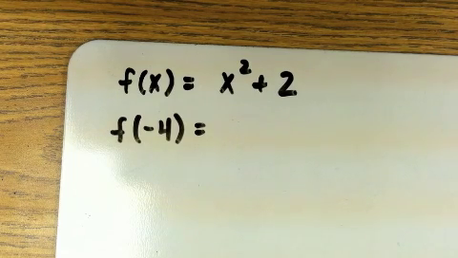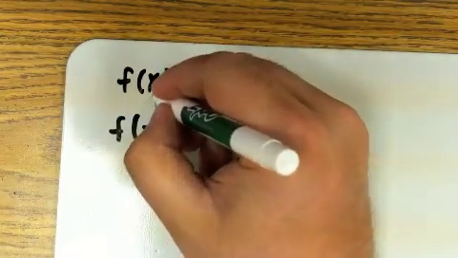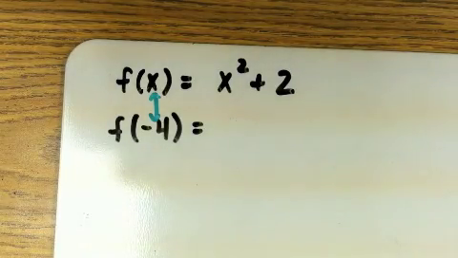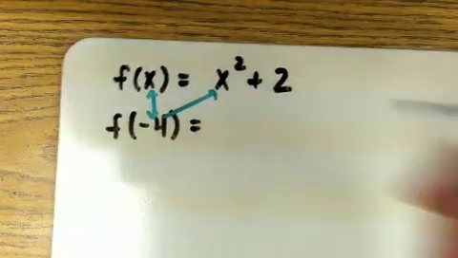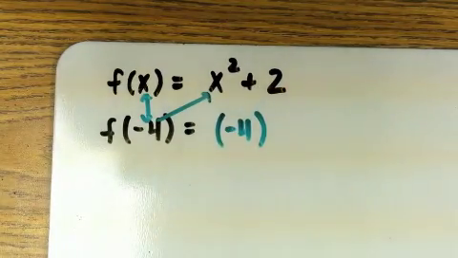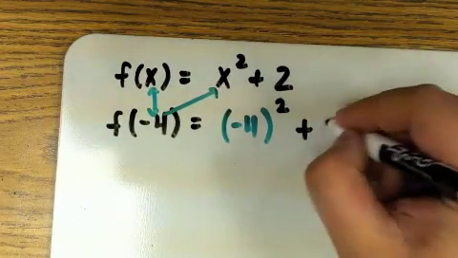It's such a great idea and it avoids mistakes. So, this negative 4, I'm going to plug that in where I see an x. So here's x, it's right here. So again, I'm going to use parentheses here. Negative 4 squared, and then plus the 2.